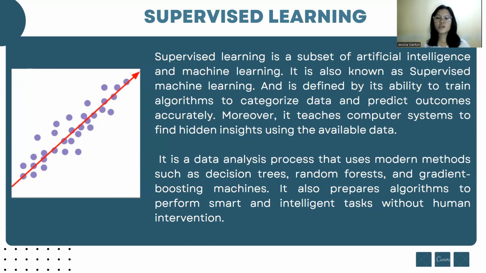Moreover, it teaches computer systems and finds hidden insight using the available data. It is a data analysis process that uses modern methods such as decision trees, random forests, and gradient boosting machines. It also prepares algorithms to perform smart and intelligent tasks without human intervention.